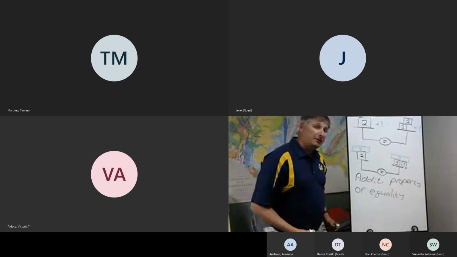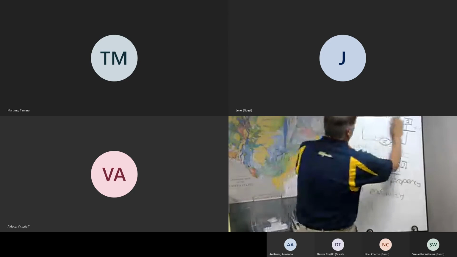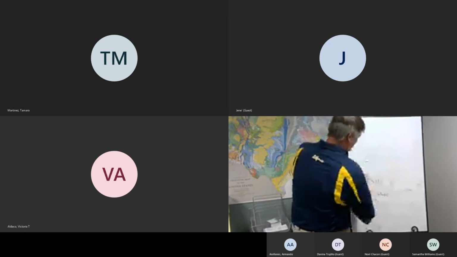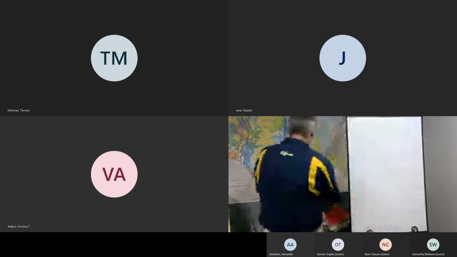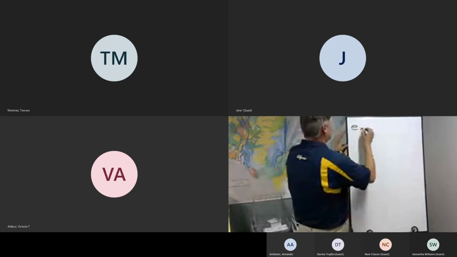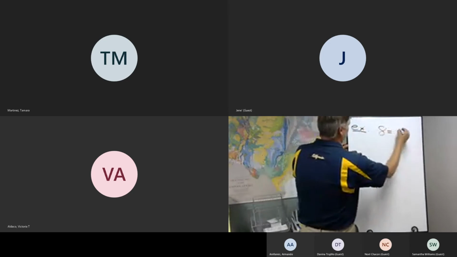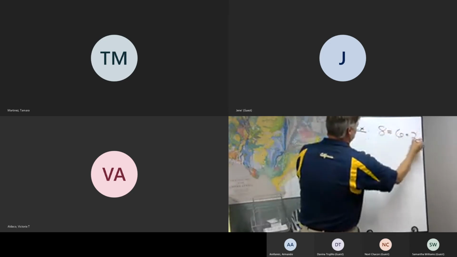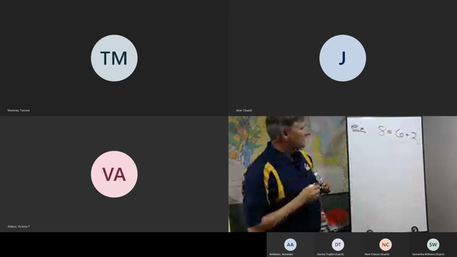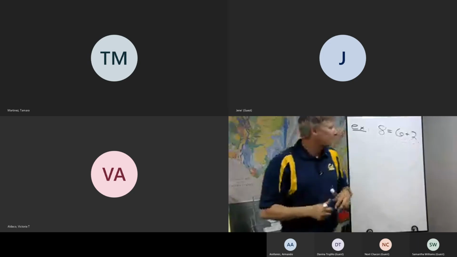How does this look for equations? Well, equations, you'd have something, say, like this. So we have 8 on this side and 6 plus 2 on the other. Now 6 plus 2 is 8.